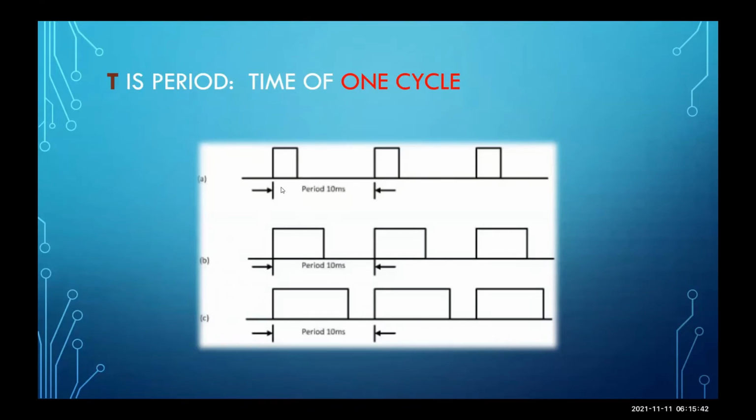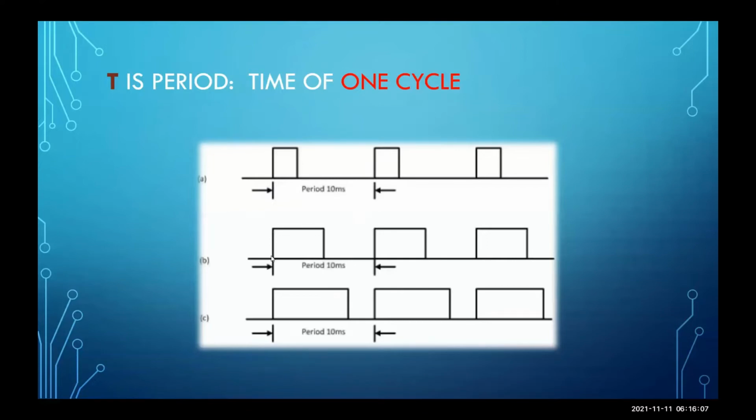In this scenario, the cycle begins here with the on time, then it becomes off, and the off continues up until this point, and then it turns on again. So the period from the on time to the next on time is 10 milliseconds. That's called one period or one cycle, right?